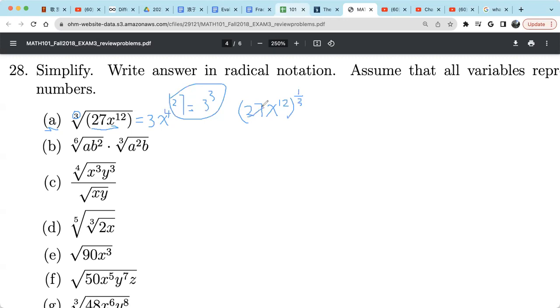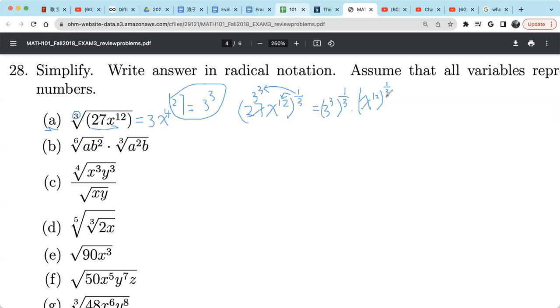Then 27 can be written as 3 raised to 3. So we distribute 1/3 to the exponent of 3 raised to 3 and to x raised to 12. So basically we have 3 raised to 3, then raised to 1/3 again, multiplied by x raised to 12, now raised to 1/3 again.